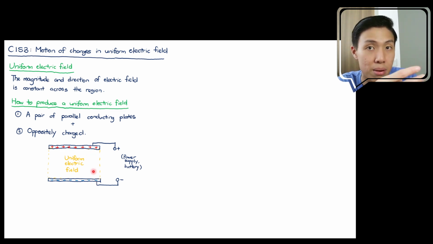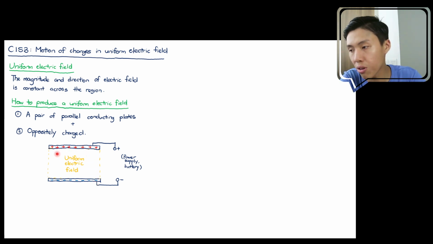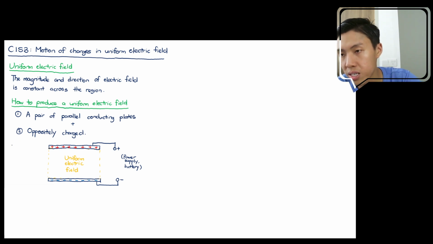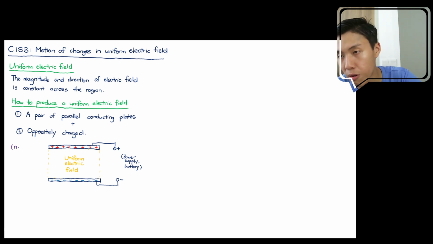But the most important thing is they must be oppositely charged. You cannot have two positive plates or two negative plates. You must have one positive plate and one negative plate. If you refer to the idea of charges, which you probably learned in section 1, you know that something is positively charged when the number of protons is greater than the number of electrons.